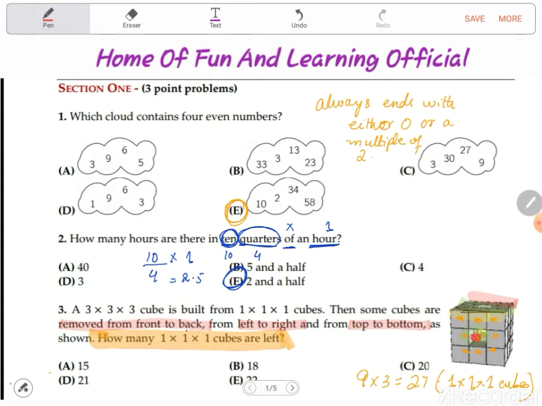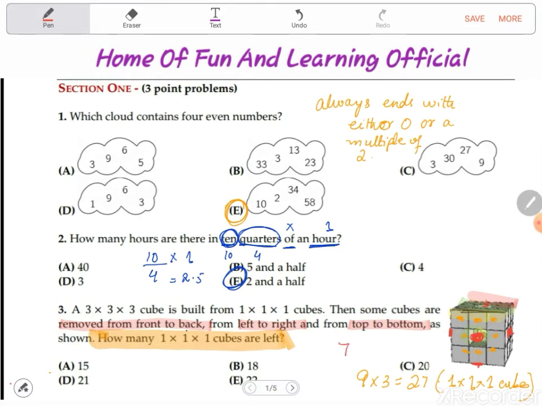Then this 2, then here 3 at the back side, and at the very back there is another one, so that will be 4, and beneath that will be 5, and we also have 1 cube at the center. So we have a total of 7 cubes that are removed. 1 2 3 4 5 6, and the middle one 7.